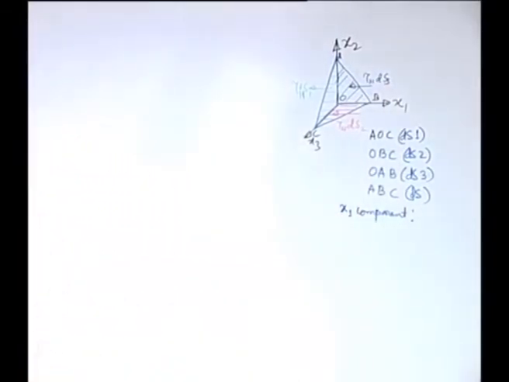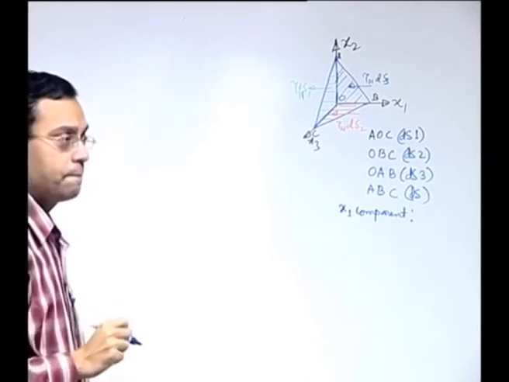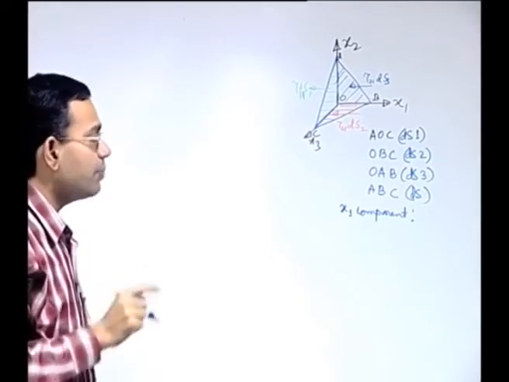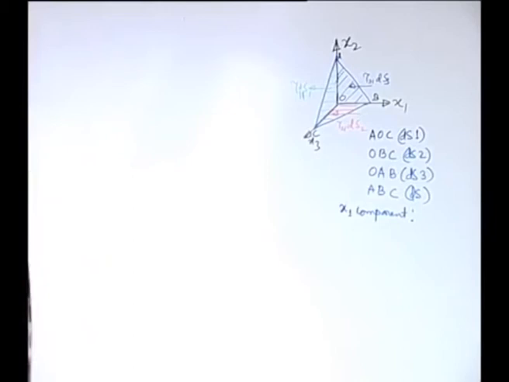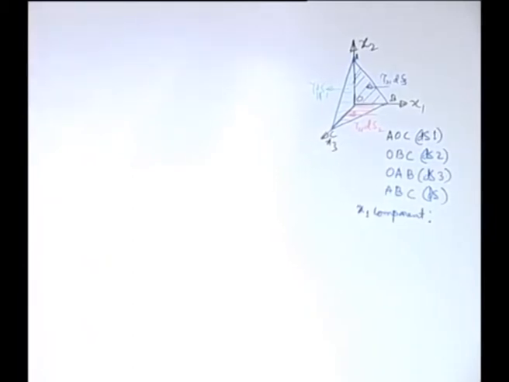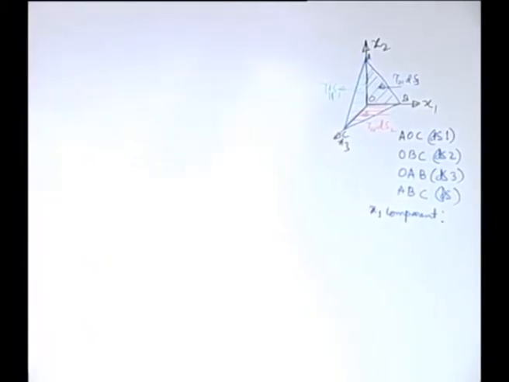And what about ABC? We have to specify a normal direction for ABC. For ABC we have to keep in mind that we cannot use the tau ij notation, because the tau ij notation you can use only for surfaces which are oriented along x1, x2 or x3, but ABC is arbitrarily oriented.